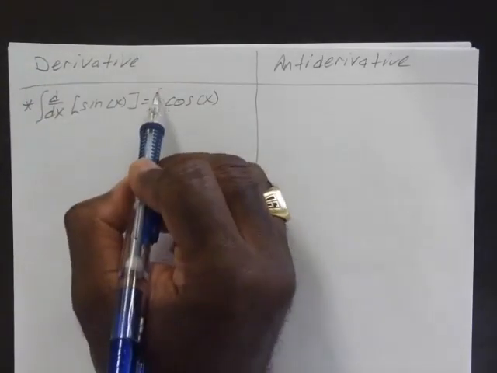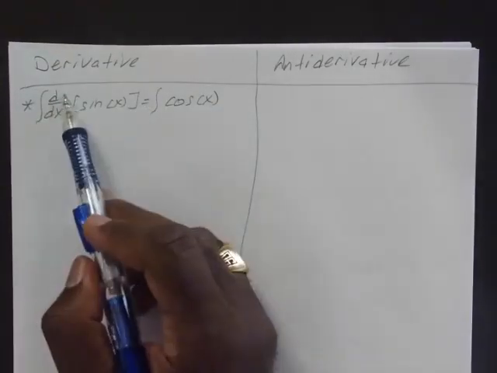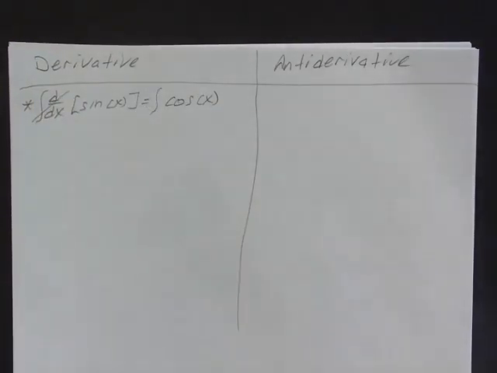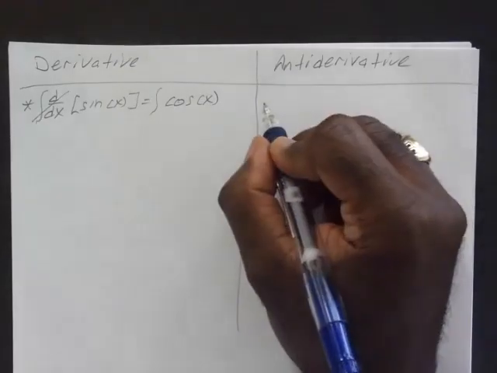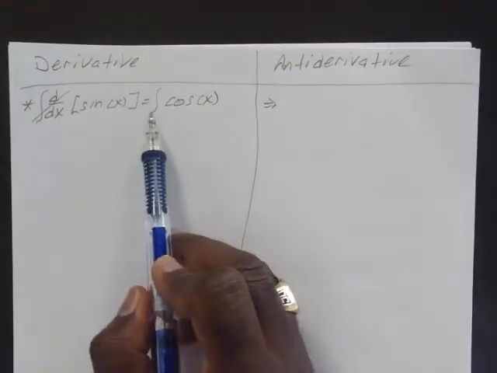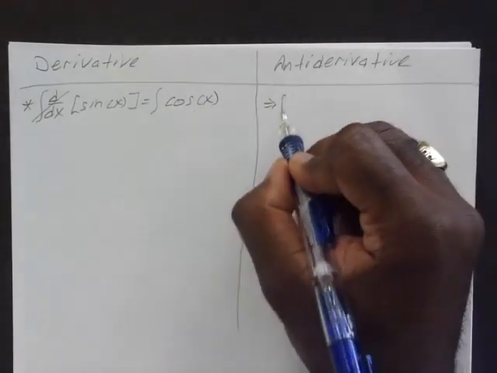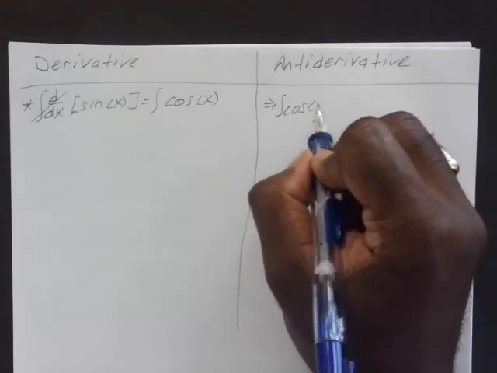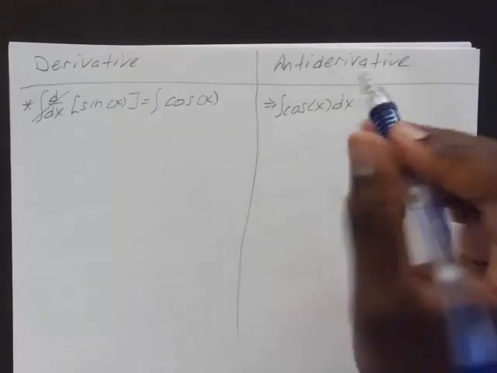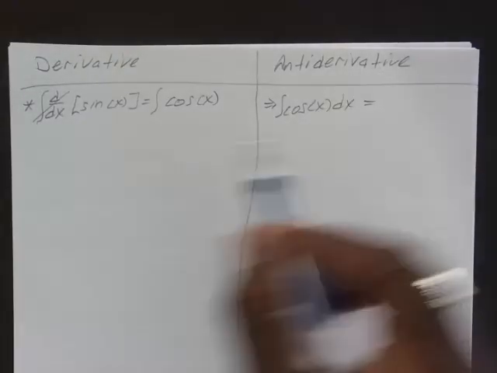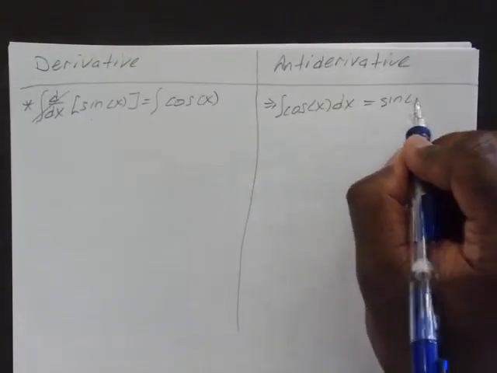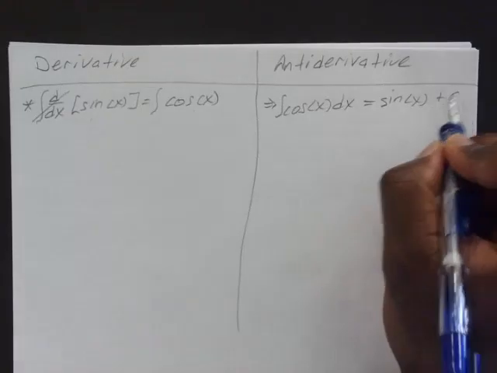Take the antiderivative of both sides, where the derivative and antiderivative cancel out. That leaves us with the antiderivative of cosine of x with respect to x is equal to sine of x plus c.